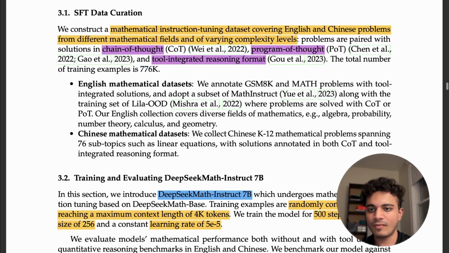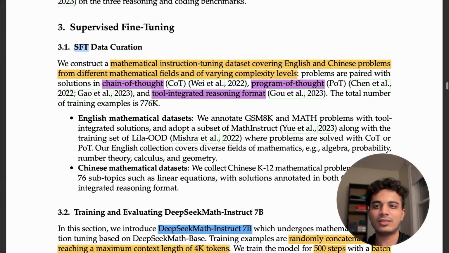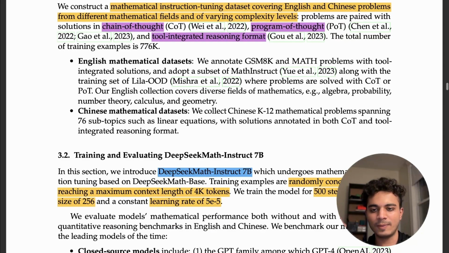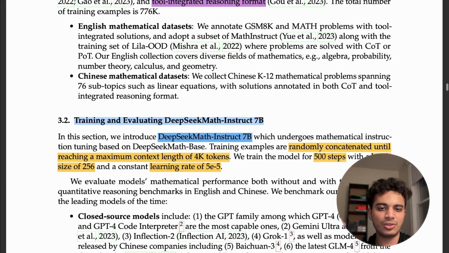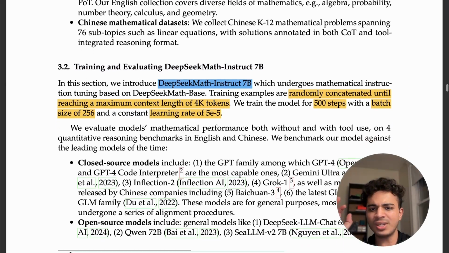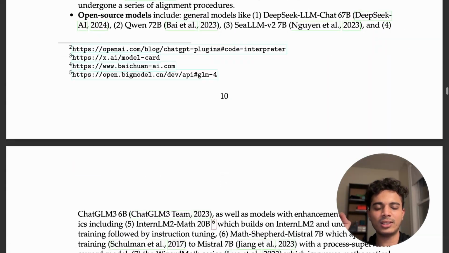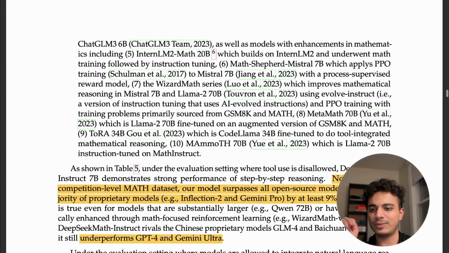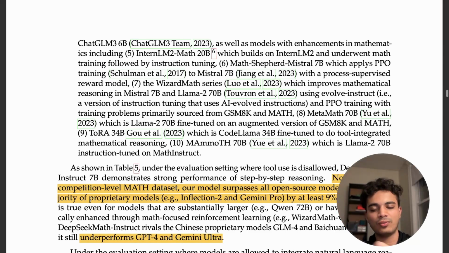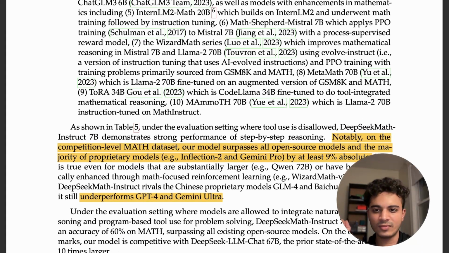Once they have done the SFT, supervised fine-tuning, they show how the training and evaluation is taking place. Pretty decent stuff, but I don't think it's very new as of now. SFT is done by a lot of models, and I think it's not novel for this one.